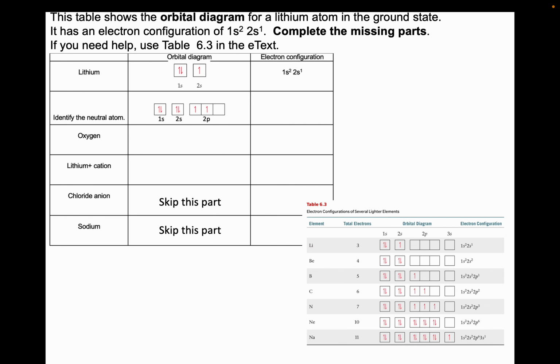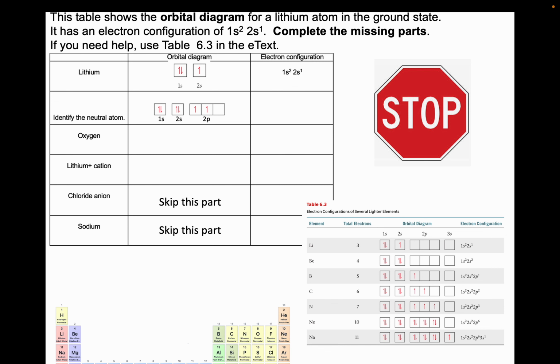The table that is referenced here, table 6.3, also shows orbital diagrams and electron configurations, and the e-text has a discussion for how we construct that. The periodic table is also useful. So take a moment, try to complete the rest of the table, including identifying the neutral atom, the orbital diagrams, or the electron configurations.